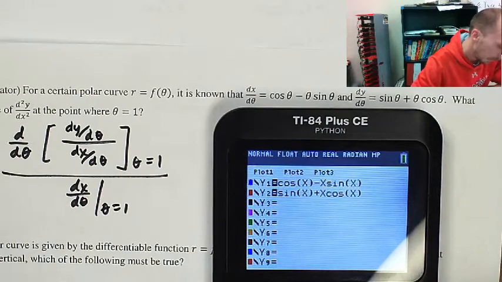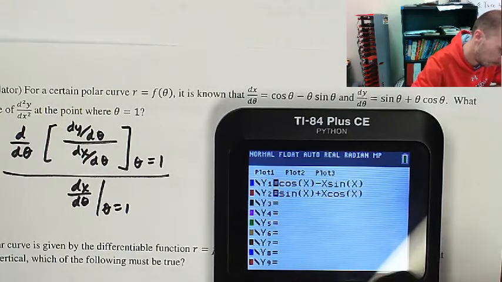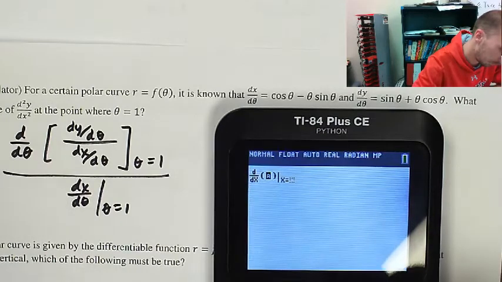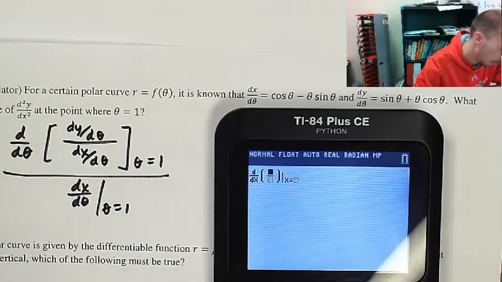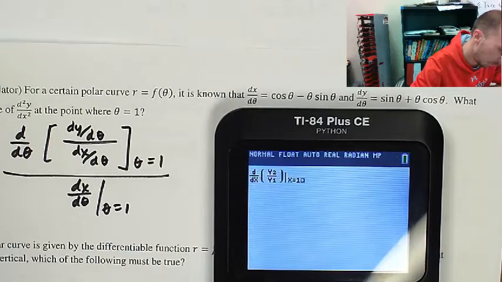Okay, great. I'm going to start by taking the derivative with math 8. I'm going to put in a fraction bar. Whoops. Fraction. dy d theta, I put in y2, divided by dx d theta, I put in y1, at the point where theta equals 1.